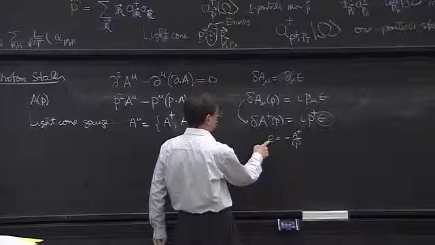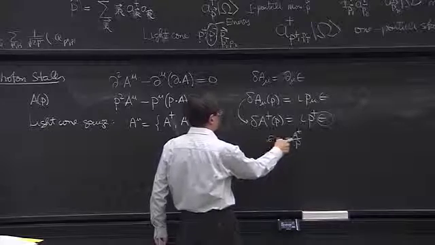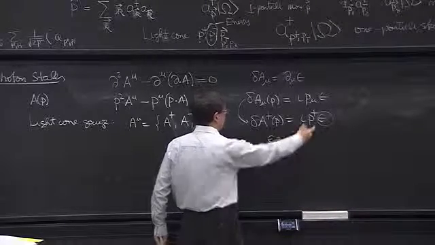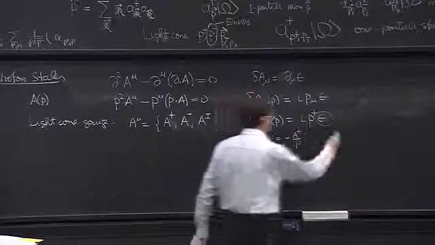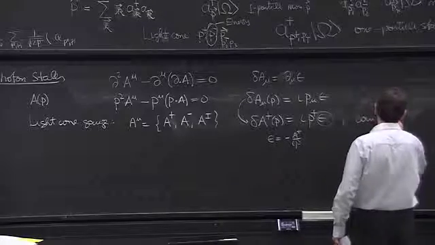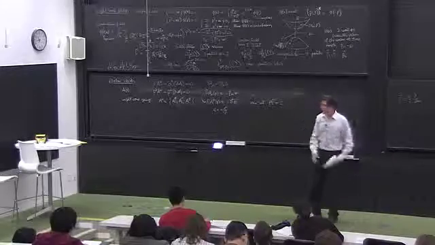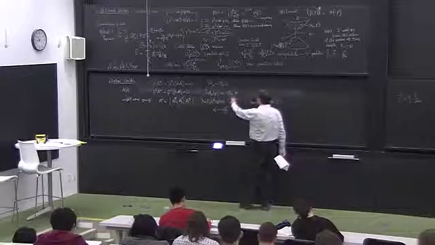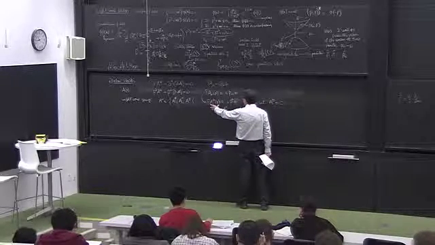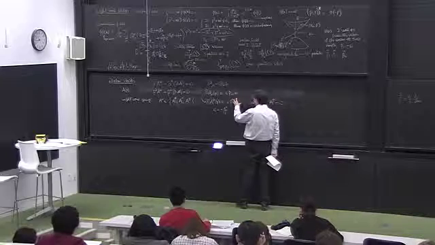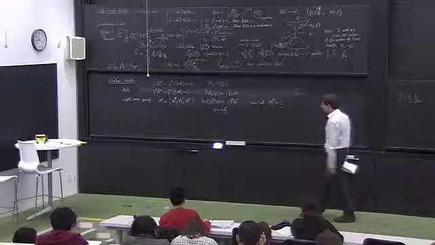If you put delta A plus equal to this, epsilon is going to be minus the field over iP. You substitute here, it is minus the field, so you can put this to 0. So we can set A plus equals 0. Basically, the intuition is really simple here. This P plus is like a number here. And therefore, for any value of P, epsilon is arbitrary, so you can just use it to set A plus to 0.